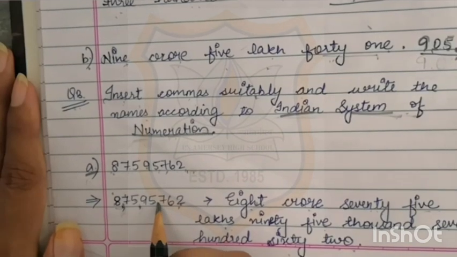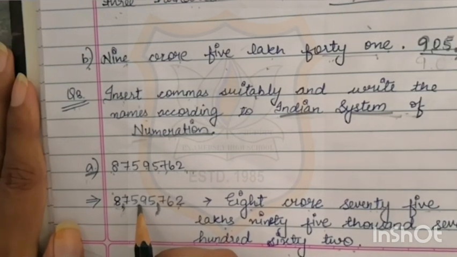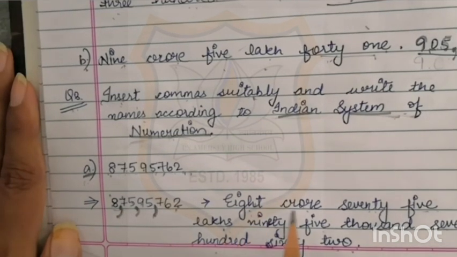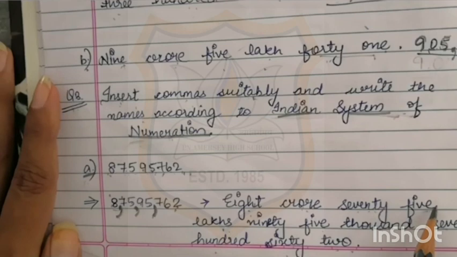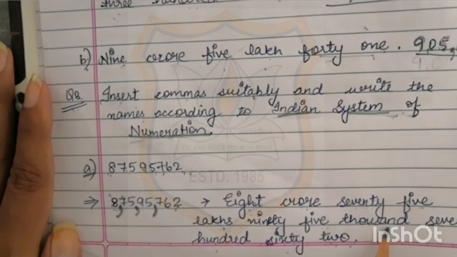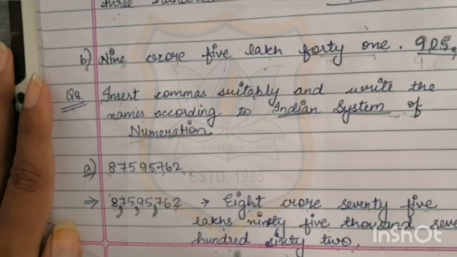So first comma is here, second one is here, and the third one is here. And how will you write it? As 8 crore 75 lakhs 95,762.